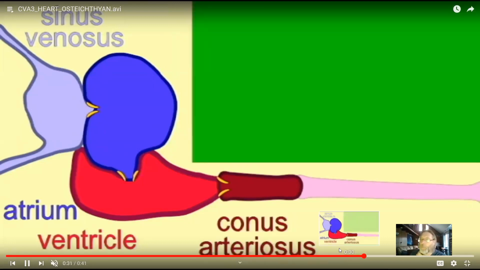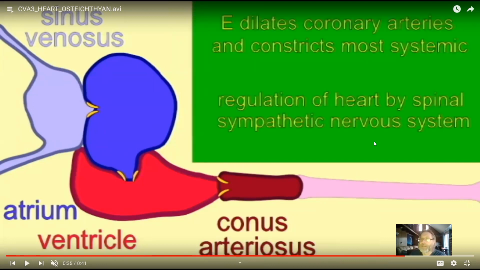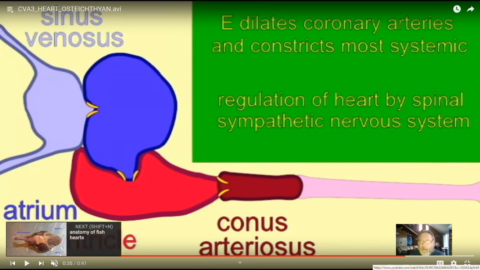It is more like those of the tetrapods. Epinephrine will dilate coronary arteries and constrict most of the systemic arteries, and the sympathetic nervous system of the spinal cord is helping to regulate the heart. That was something which we did not see in sharks.